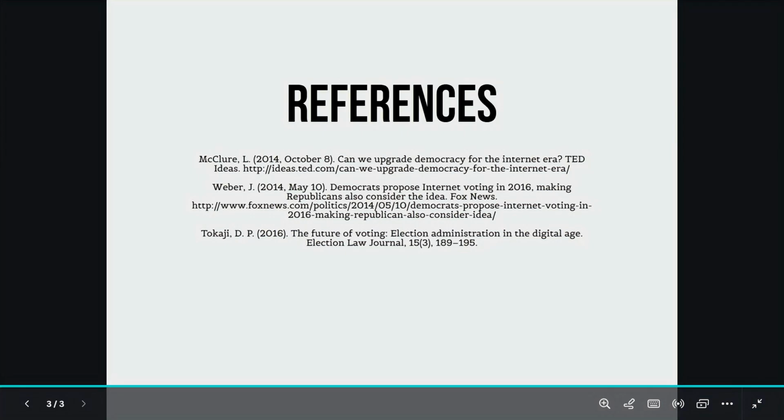I also used an academic source about the future of elections and how technology may affect voting systems.